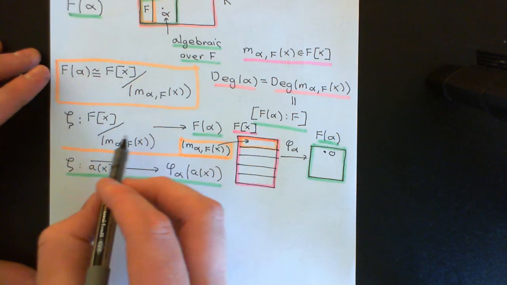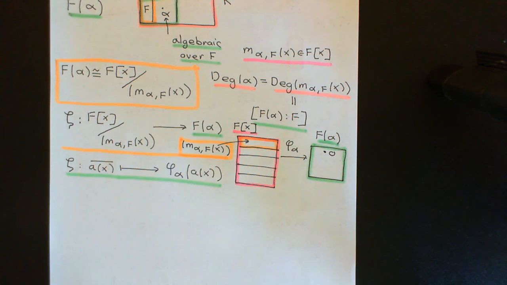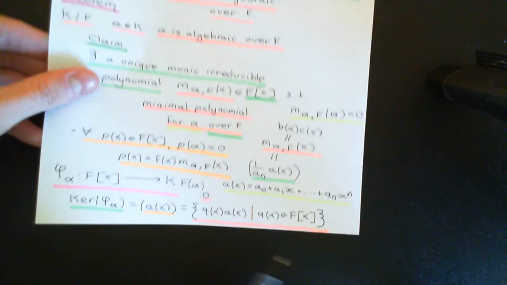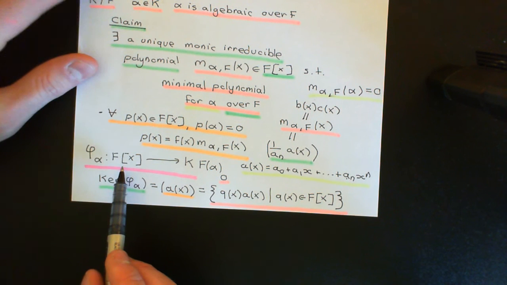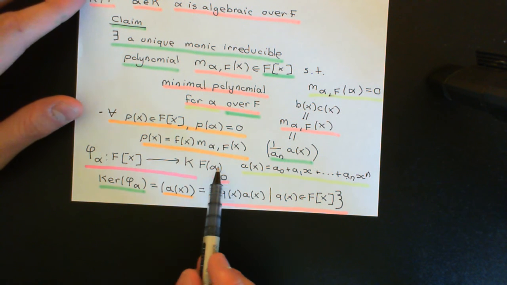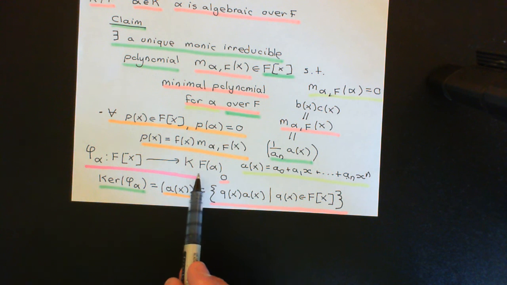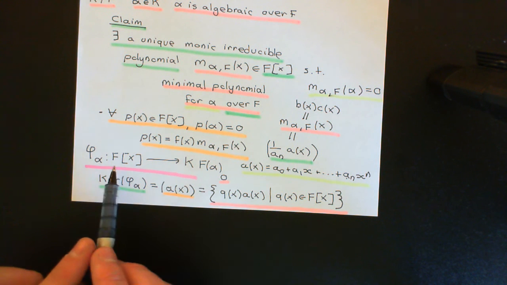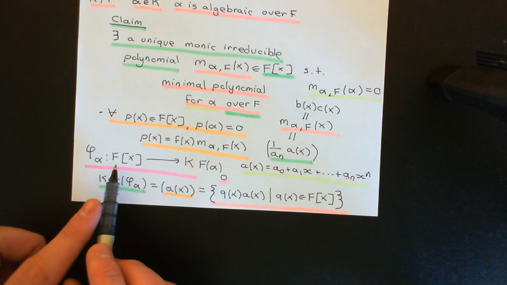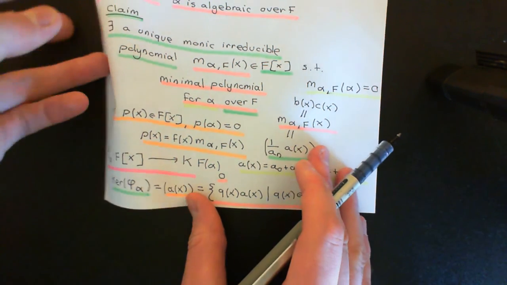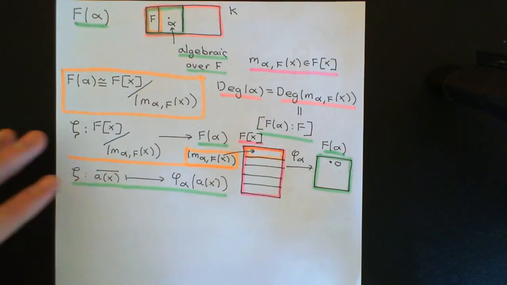Okay, effectively what we're doing is we're just applying the first isomorphism theorem of rings here, because we're just taking our initial evaluation homomorphism from the ring of polynomials over the field capital F to the field generated by alpha over F now. Okay, and we're saying, okay, this will be isomorphic now to the quotient ring. Okay, that's what we're really doing here.